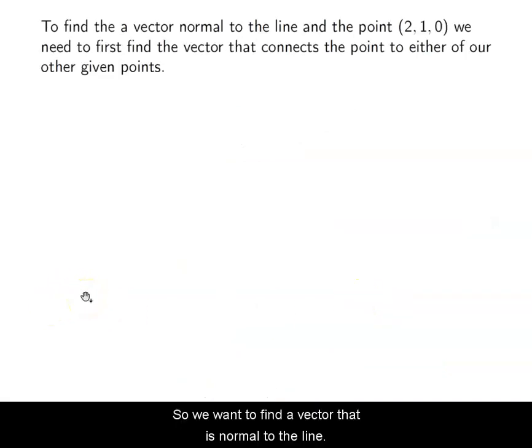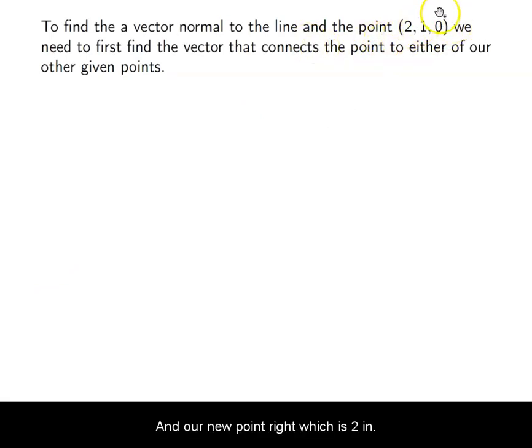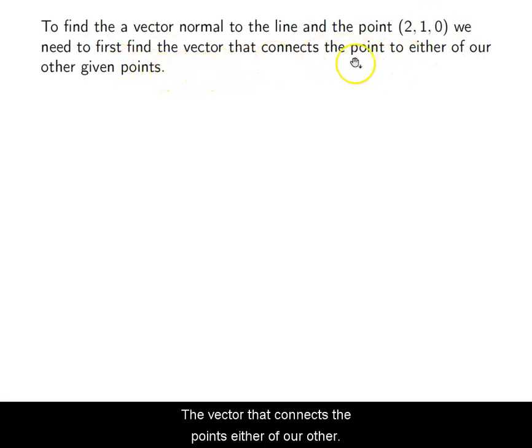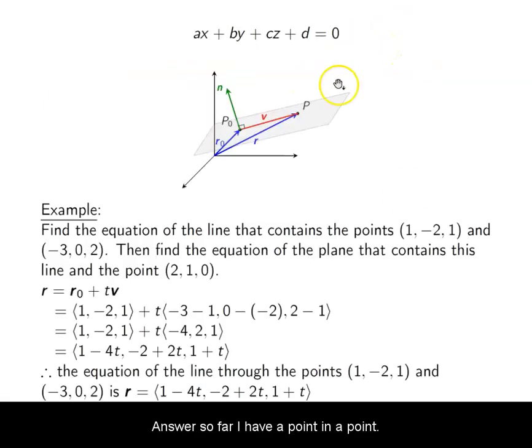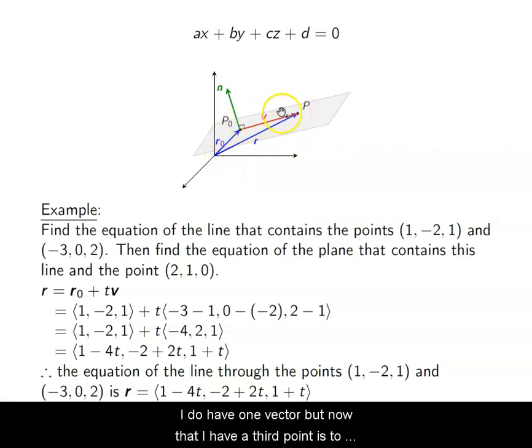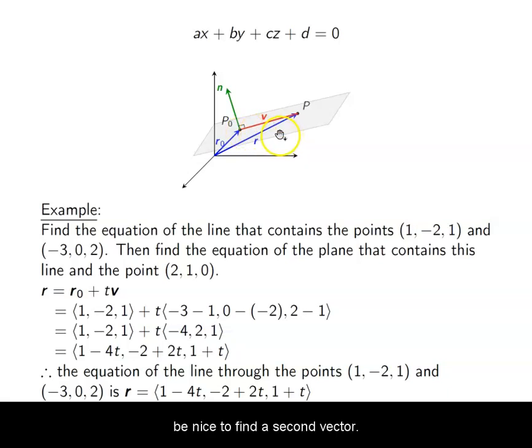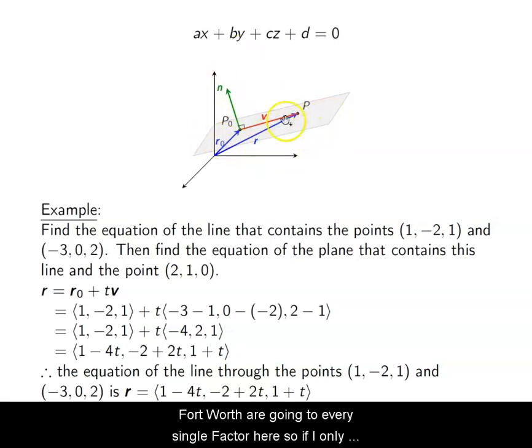So if we want to find a vector that's normal to the line and our new point, right, which is 2, 1, 0, we first need to find the vector that connects the point to either of our other given points. So far I have a point and a point. I do have one vector, but now that I have a third point, it'd be nice to find a second vector because I need a vector that's normal or orthogonal to every single vector here.